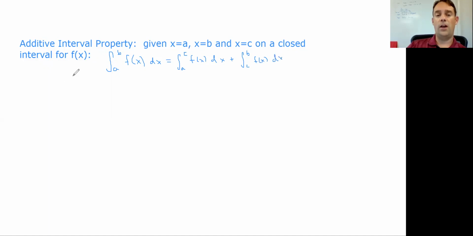So let's go back and take a look at our absolute value problem we looked at. If you remember, this was our graph for it.